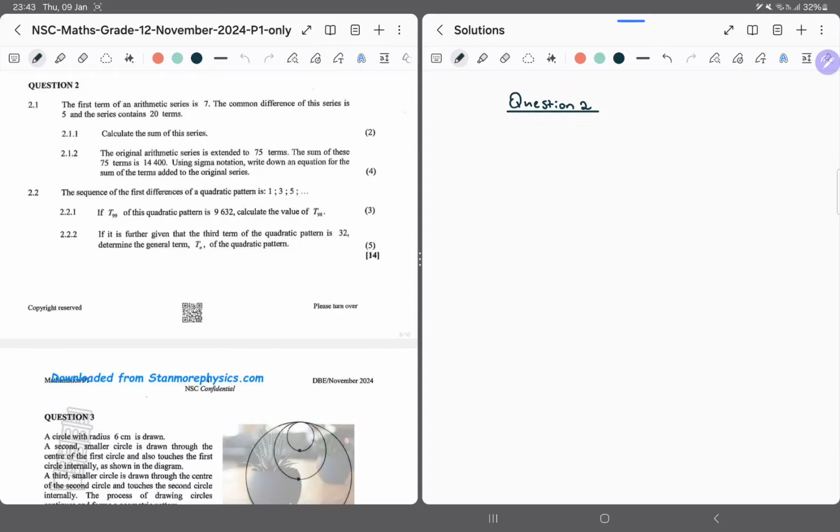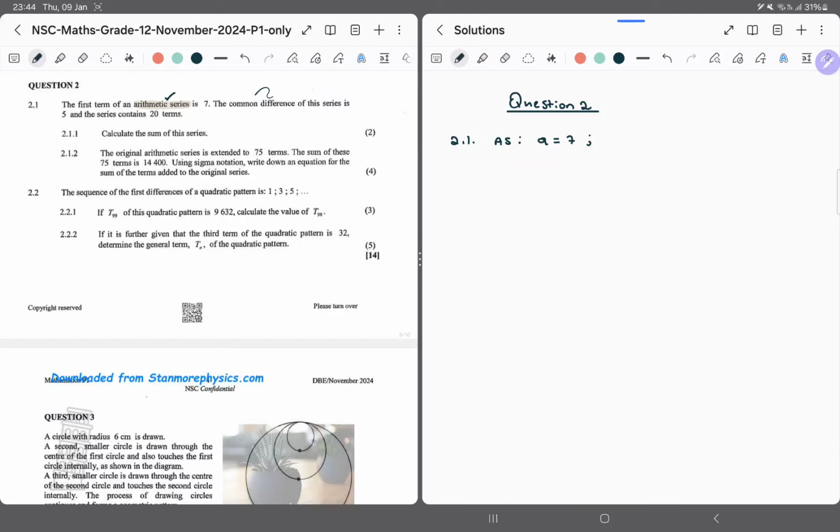So question 2.1 reads that the first term of an arithmetic series. Now it helps to know what series we are talking about. It is arithmetic. So we can write A as the first term is 7. So we know that A is equal to 7.